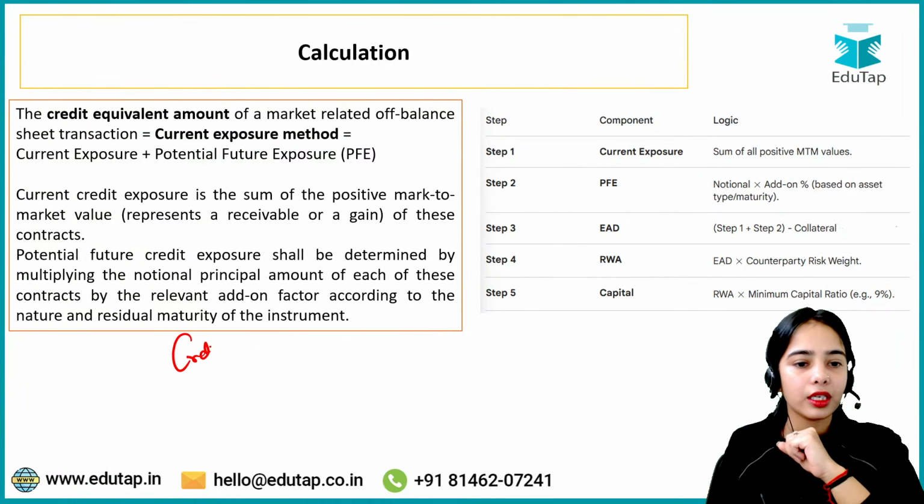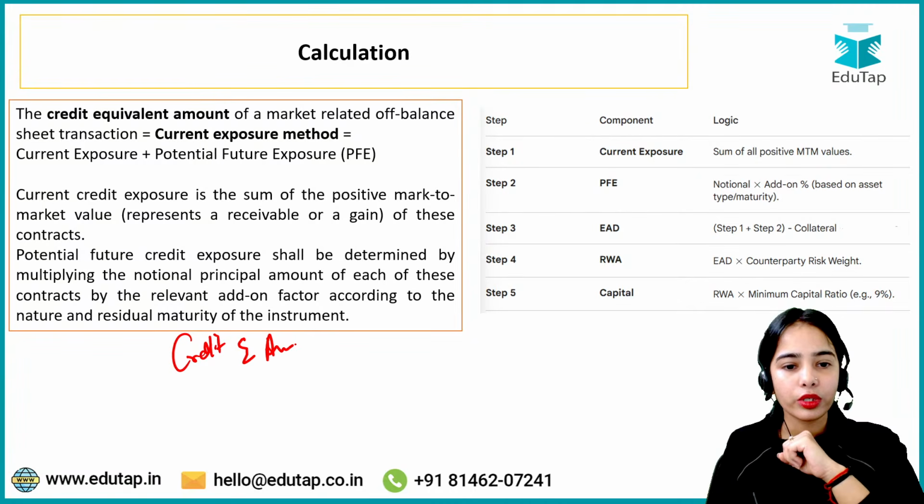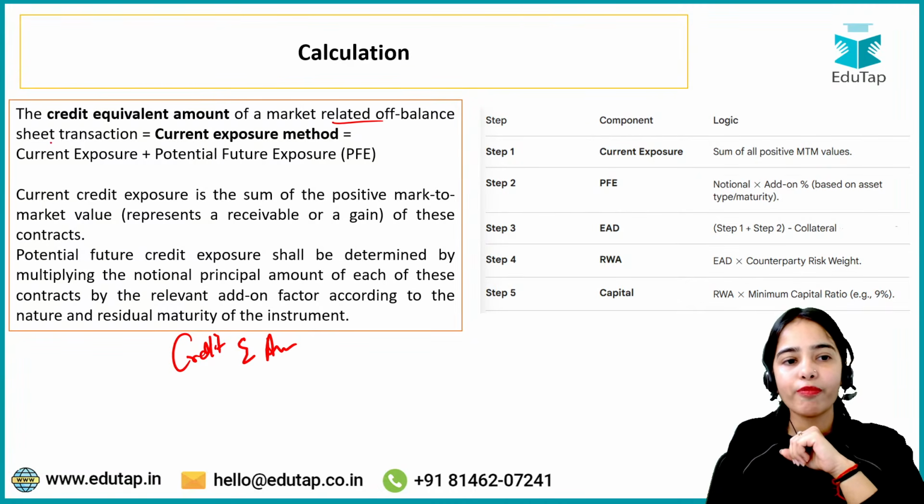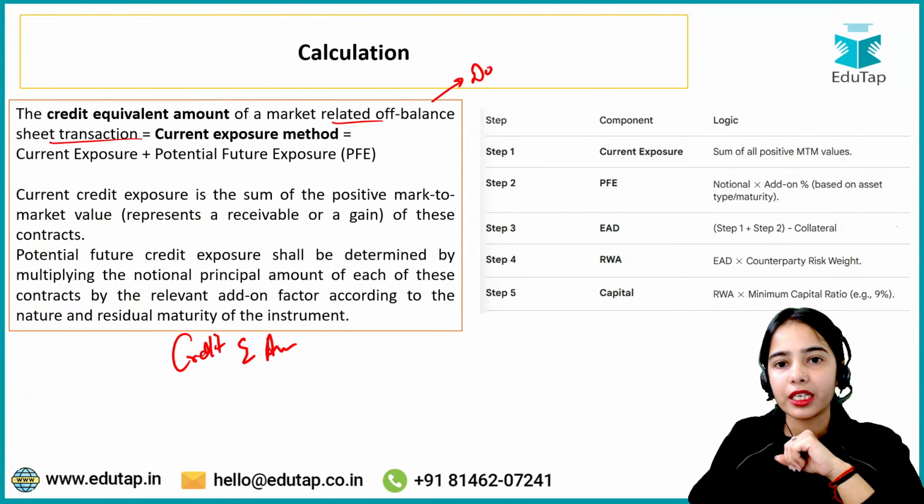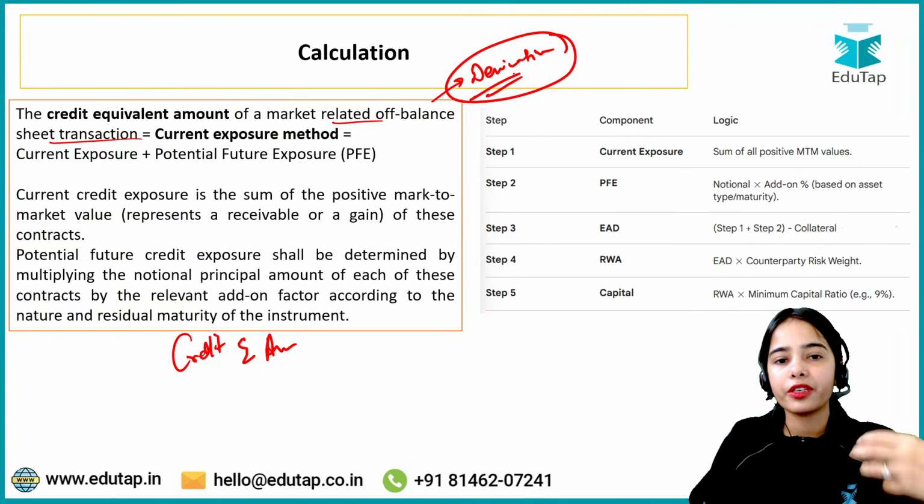So credit equivalent amount of the market related off balance sheet transactions, that is basically for the derivatives, that is market related. In the market the transaction is happening and these are off balance sheet items.